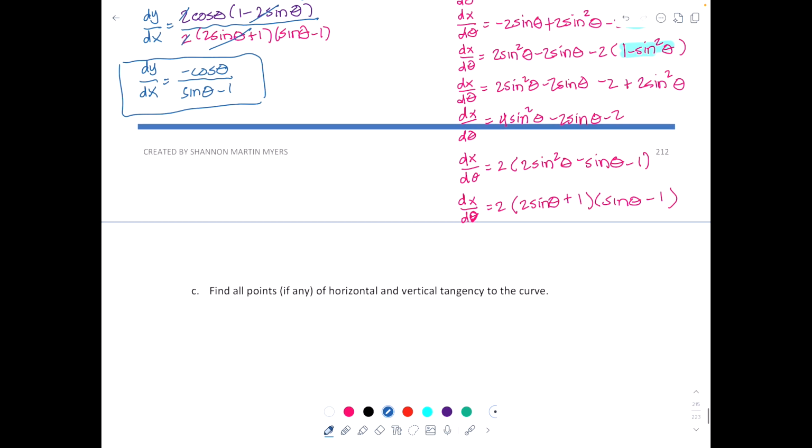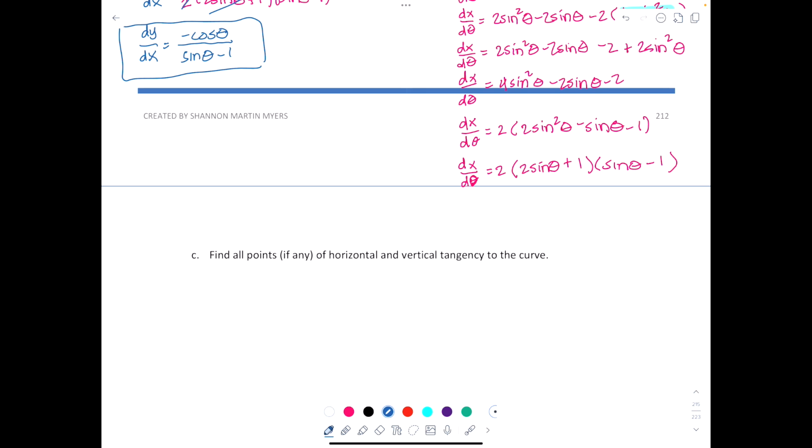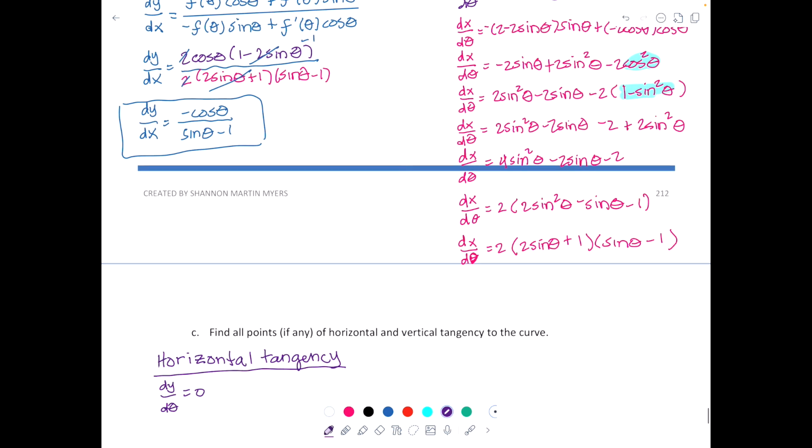Now, find all points, if any, of horizontal and vertical tangency. So horizontal tangency is when dy d theta is equal to 0, as long as dx d theta doesn't also equal 0.